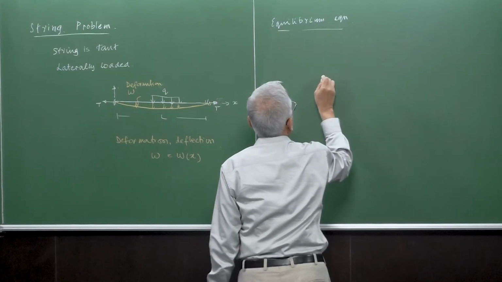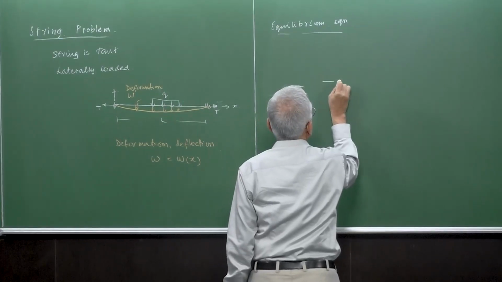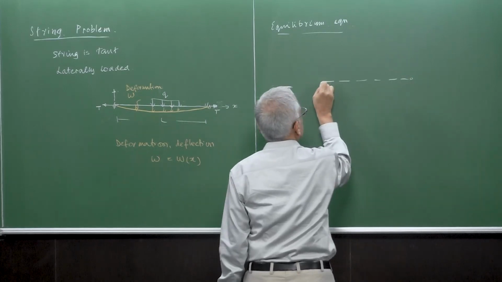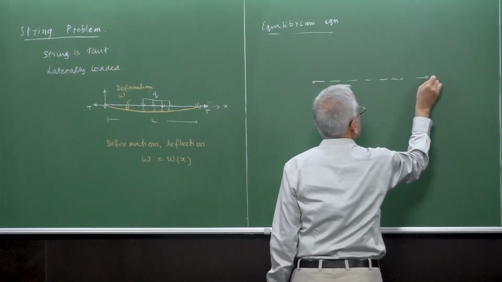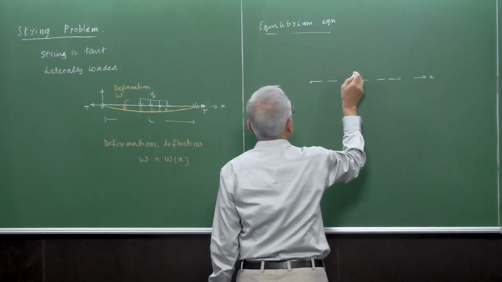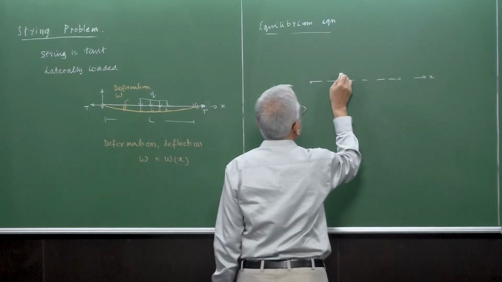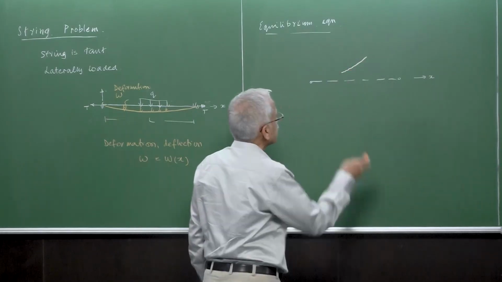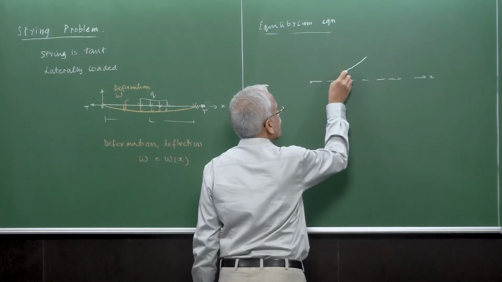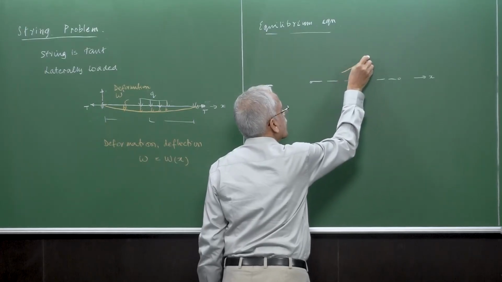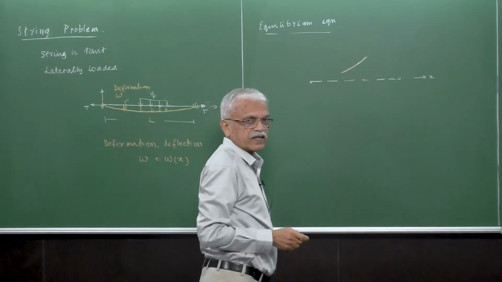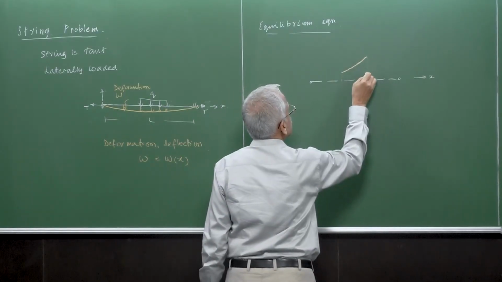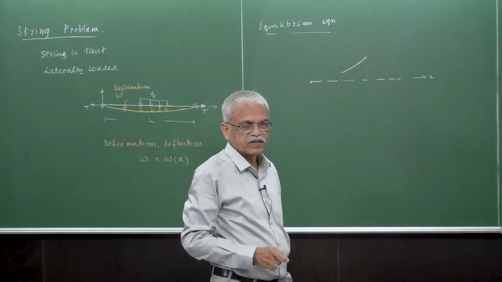So if this is the original x, and as I say, the upward is taken to be positive, let's assume that this is the typical deformation, of course exaggerated, because all these things are supposed to be very small deflections.